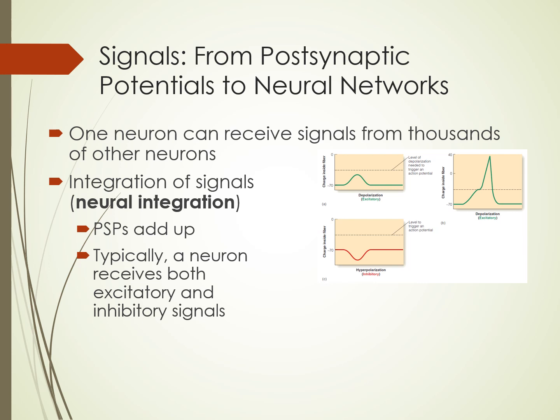Do I send an action potential? Typically, a neuron is receiving both excitatory and inhibitory signals. So when I say enough stimulation, it is enough excitation given the inhibition such that I still reach my threshold of excitation.